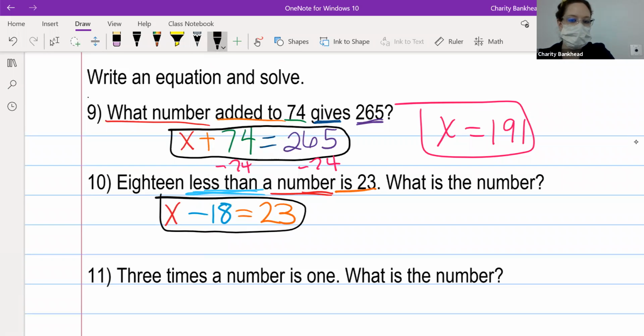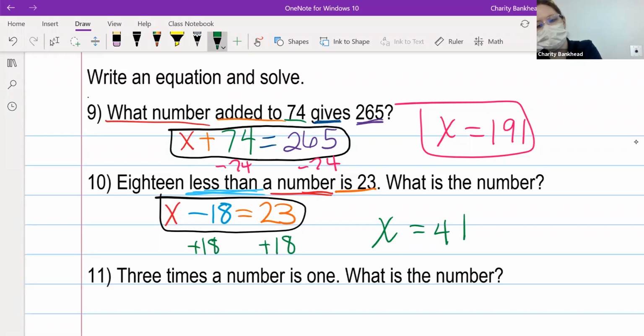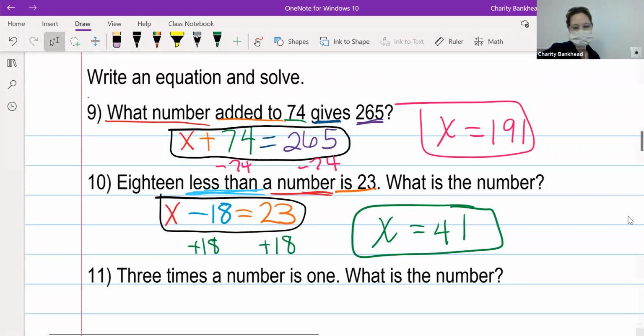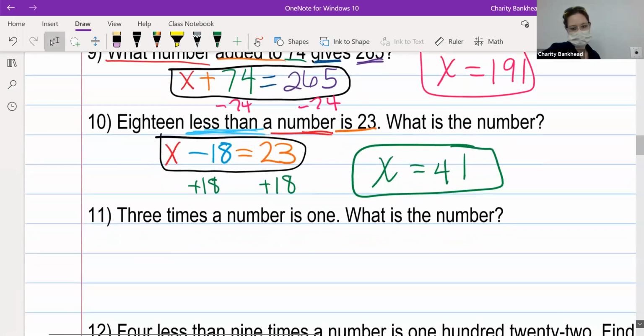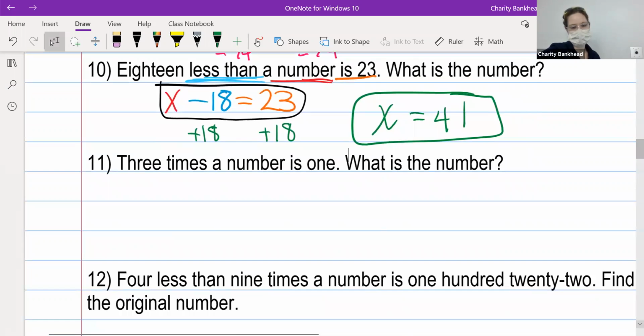Right. And then what is the number? So we're going to solve it, and that means we need to add 18 to both sides. That would be x equals 41. Okay.